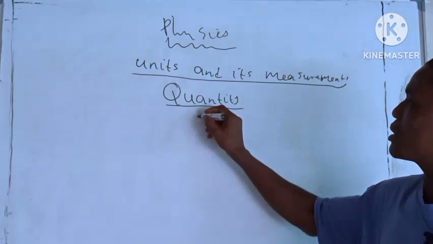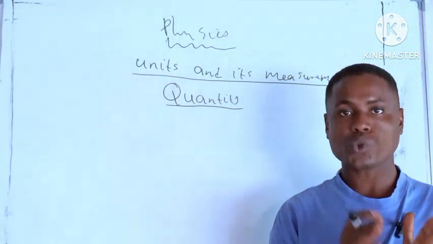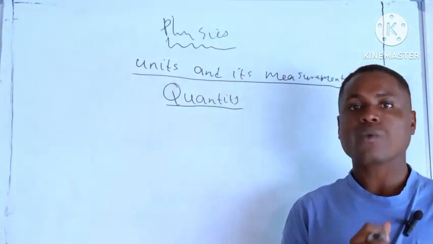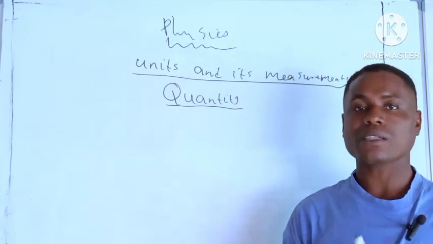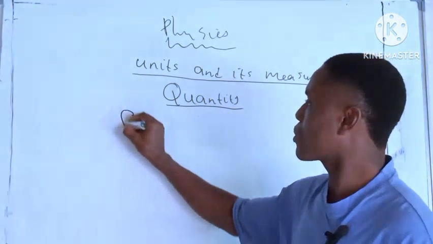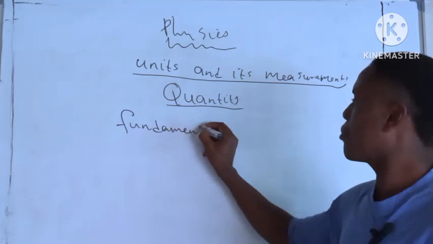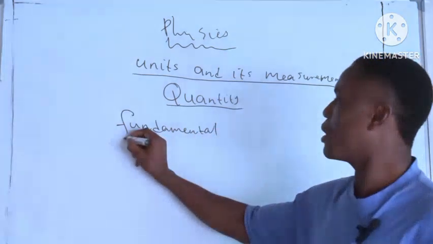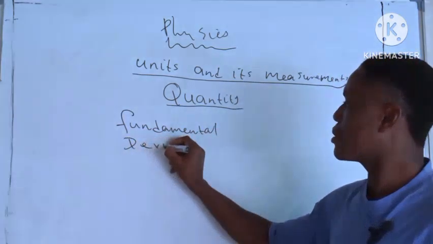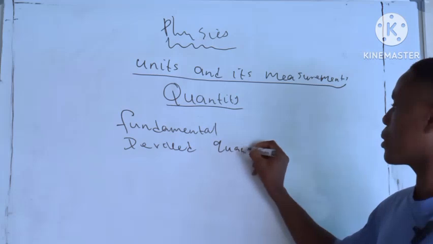Now, this word quantity is divided into two parts. Are you getting it? We have the fundamental quantity and the derived quantities. So make sure you write it down. Okay. We have the fundamental and derived quantity.